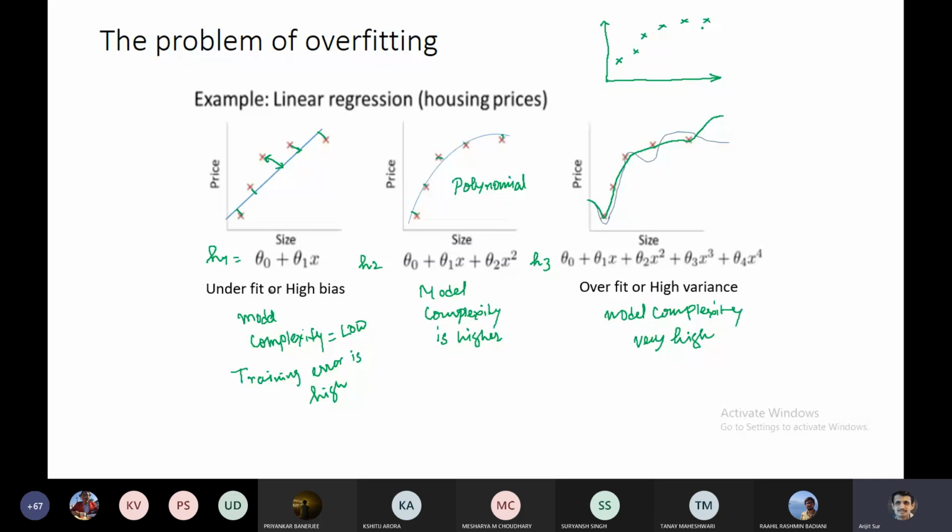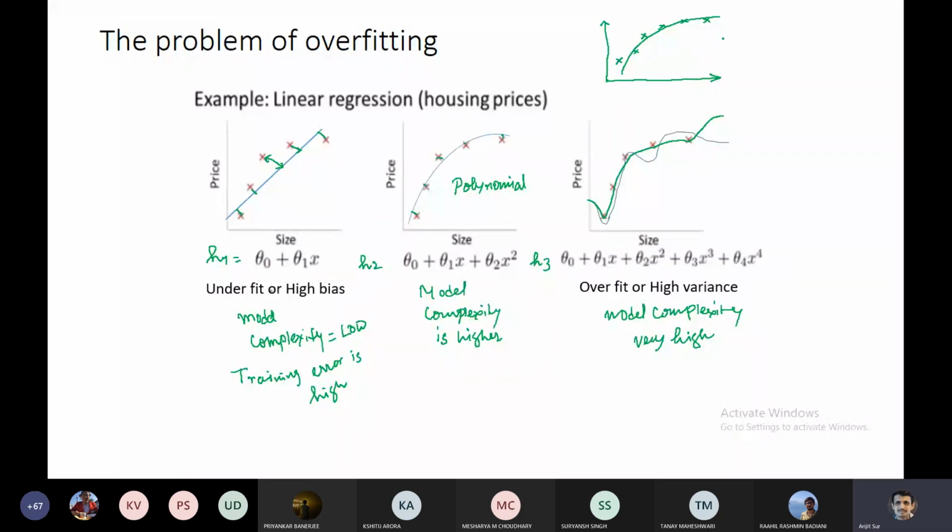Now if we use a kind of curve like this, the curve more or less accurately represents these points, with medium model complexity.